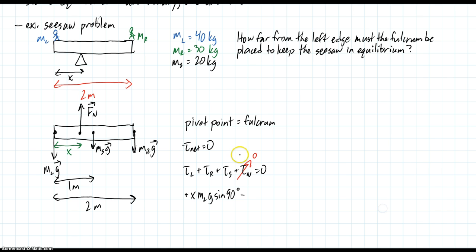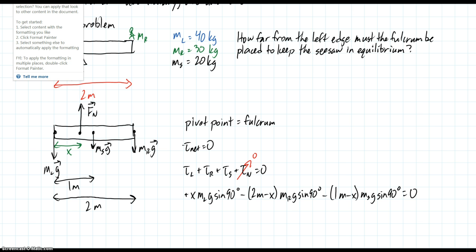So for the person on the right, that force is being applied a distance of 2 meters minus x away from the fulcrum, m sub r times g times sine 90. And then finally, for the weight of the seesaw itself, that is a distance of 1 meter minus x from the fulcrum times mass of the seesaw times g times sine 90, all equals 0.